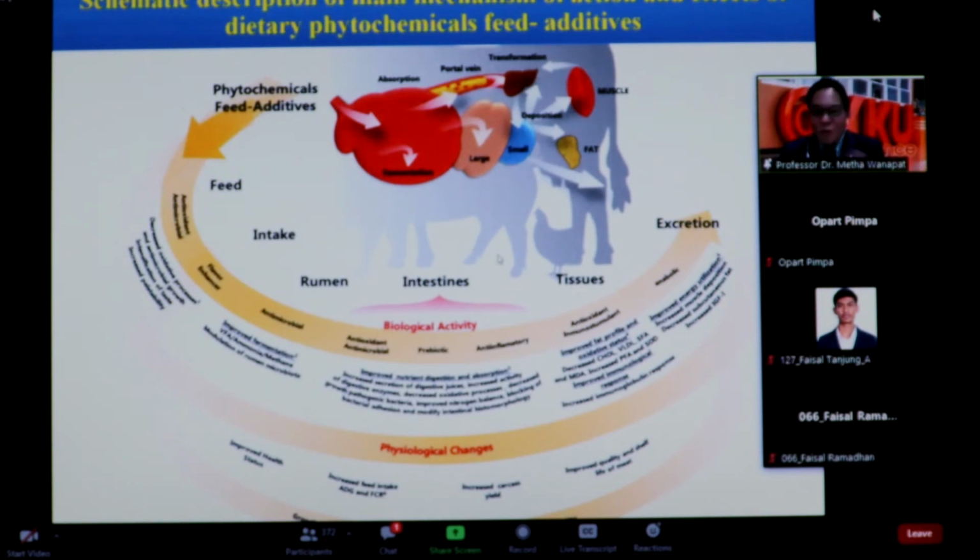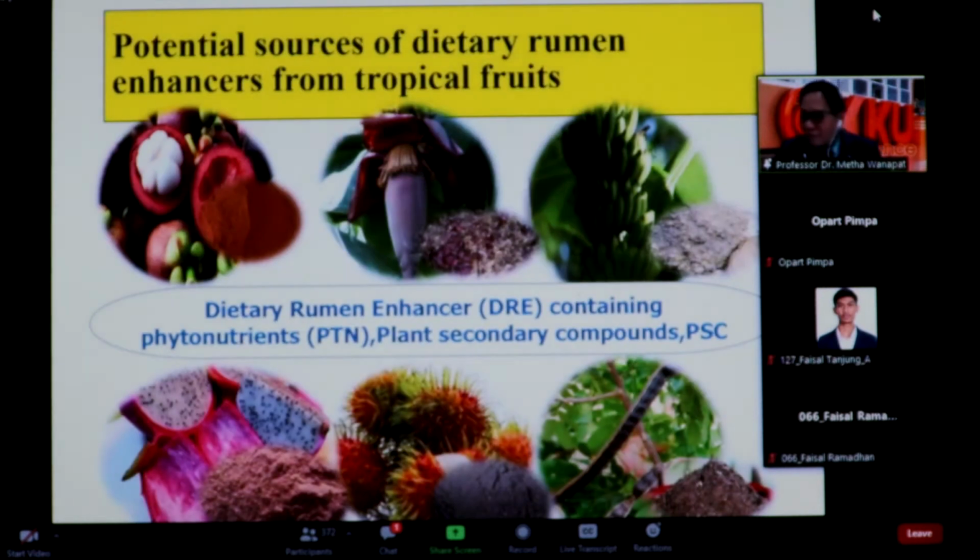Some of them are very difficult to prepare, although they have effectiveness. You can see in this resource how phytonutrients can impact different parts of the digestive tract. You can go ahead later on and explore more details of this.